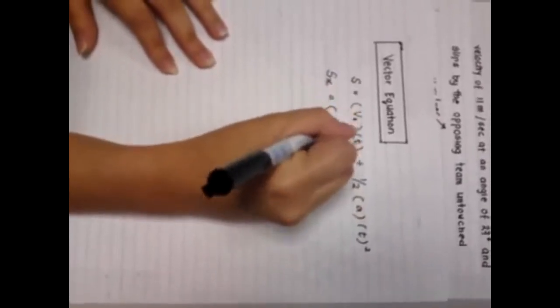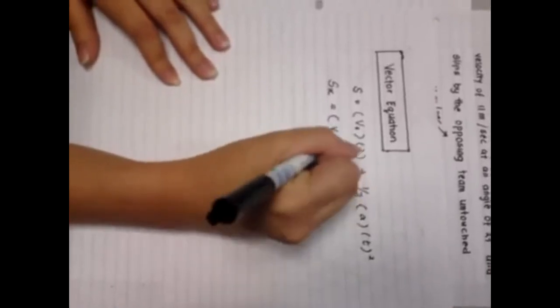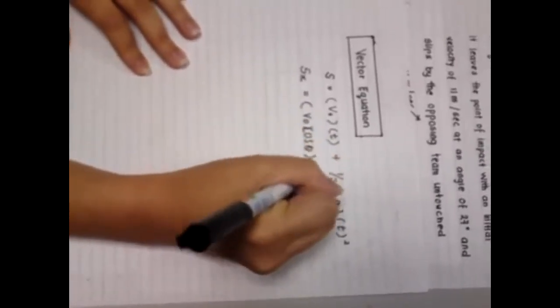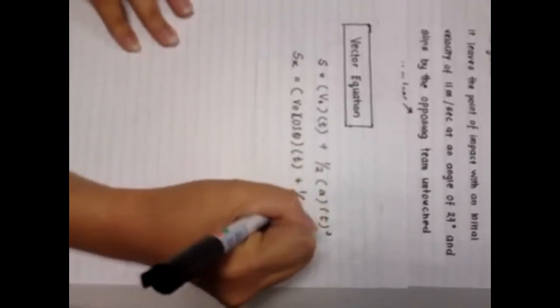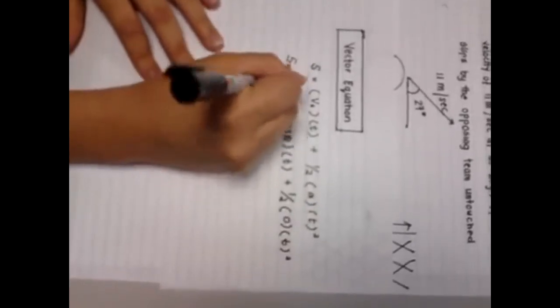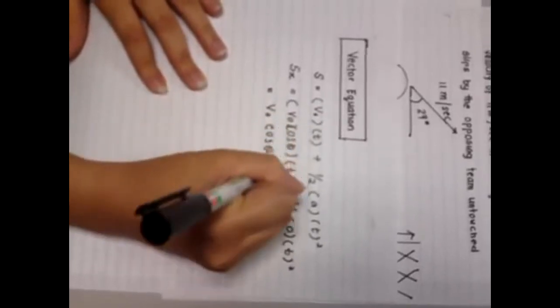So it's V naught cos theta T plus half. The x direction doesn't have acceleration, so that's why it's 0 T squared. So it's V naught cos theta T.